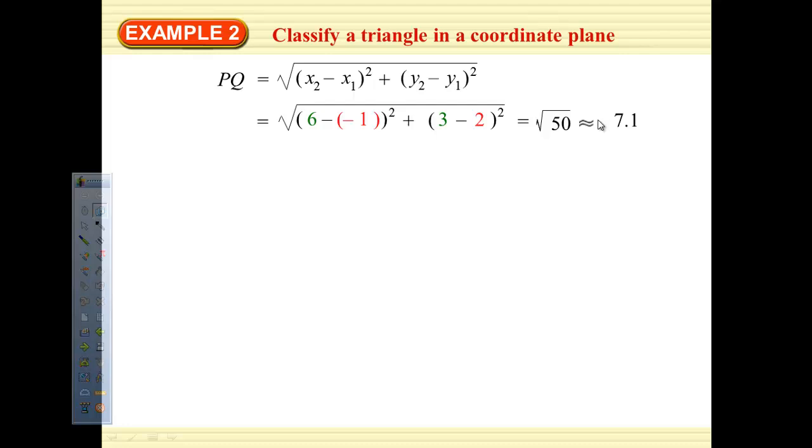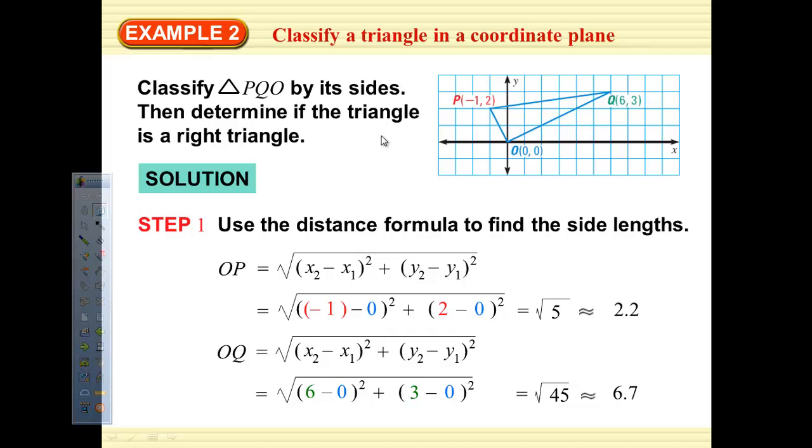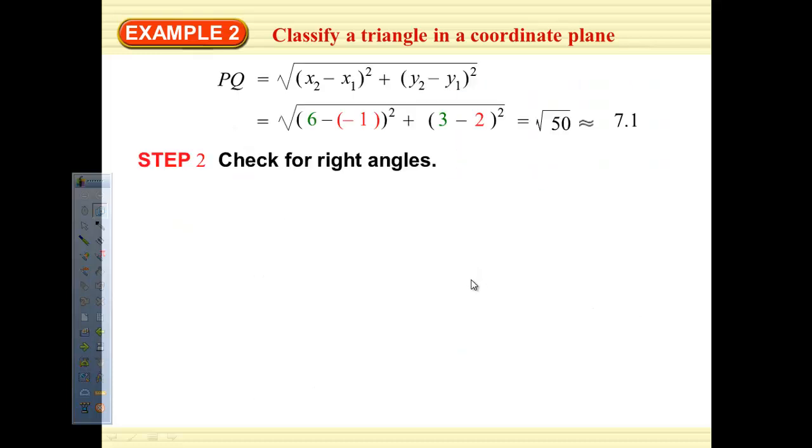Now all 3 sides are different lengths, so we would know this is a scalene triangle. In order to find whether it's a right triangle or not, we would look at 2 sides, the 2 sides that look like they might be a right angle, and we look at the slopes for PO and OQ. So we're going to do that next.